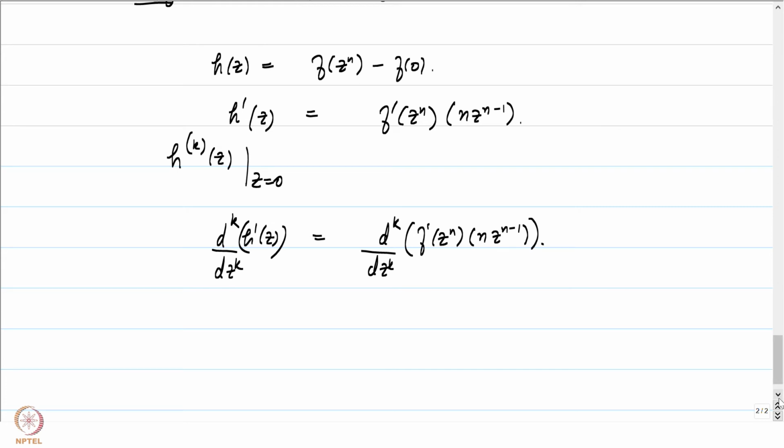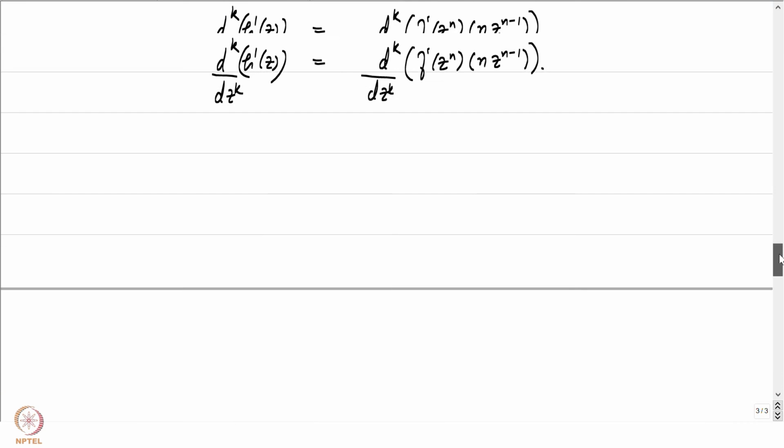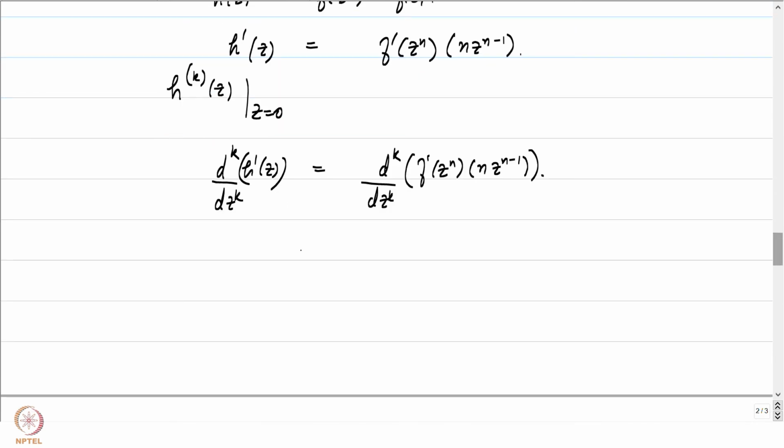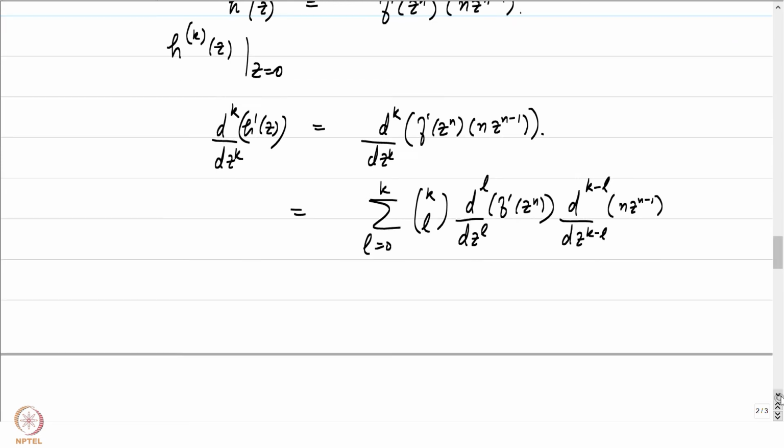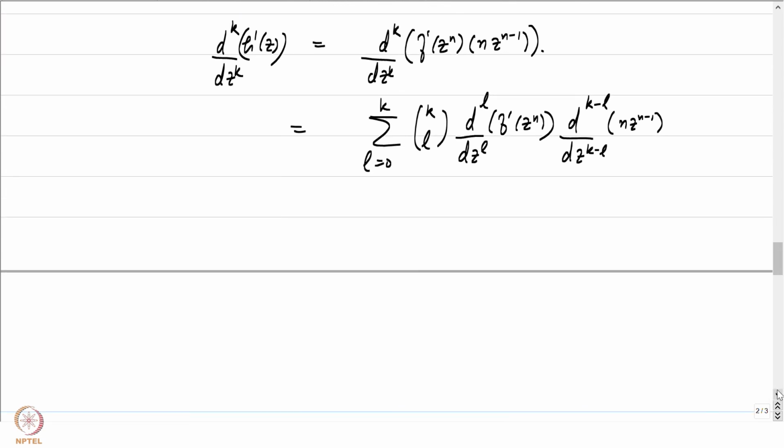Now this has the general Leibniz rule applied to it, and we can conclude that this is going to be equal to the summation over L from 0 to k of k choose L, d^L/dz^L of f'(z)^n, and the second term is going to be d^(k-L)/dz^(k-L) of n z^(n-1). This is the exact expression of the general Leibniz rule that we have.